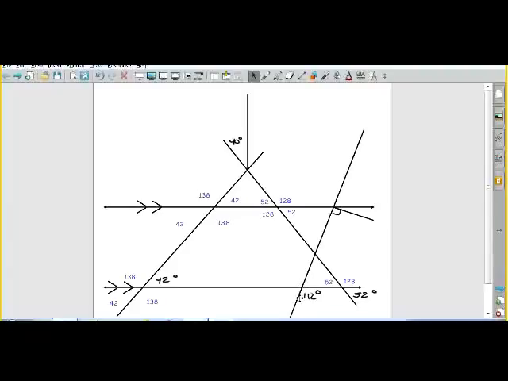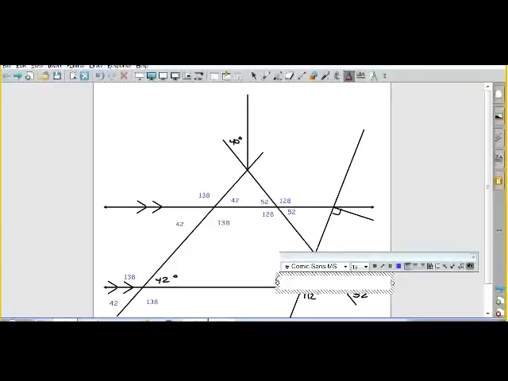Now here we can do the same thing. We have these 2 parallel lines and this transversal. So Jackson's going to help me out. Jackson is still with us. So this angle here is 112.